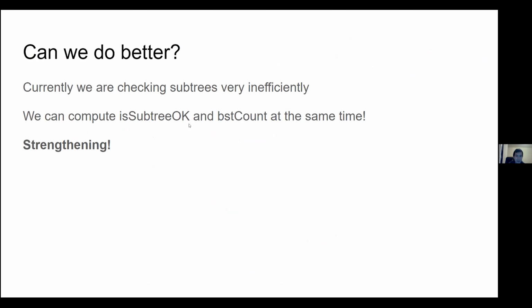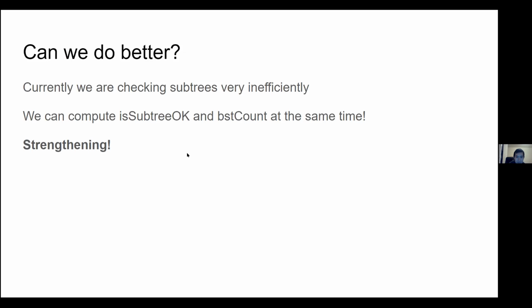The intuition of the better algorithm is that in order to avoid repetitively computing is subtree okay for the same nodes over and over, we can try to compute is subtree okay and BST count at the same time. We can use this technique called strengthening, remember that from way earlier in this course.